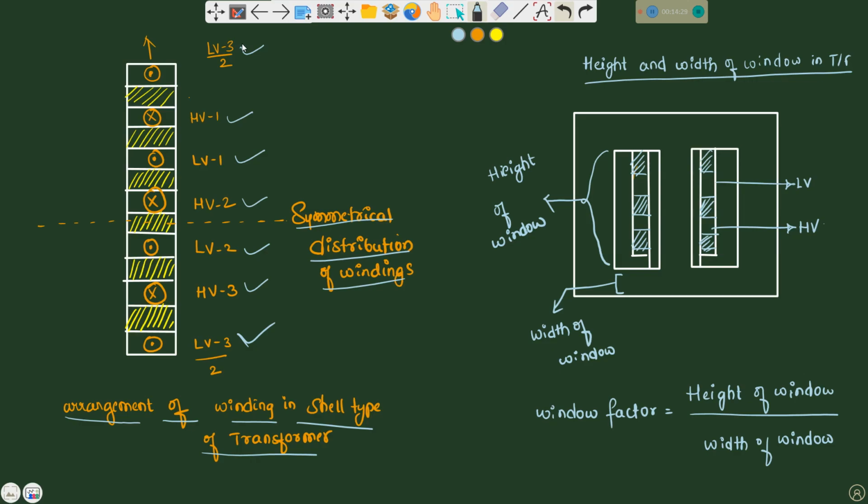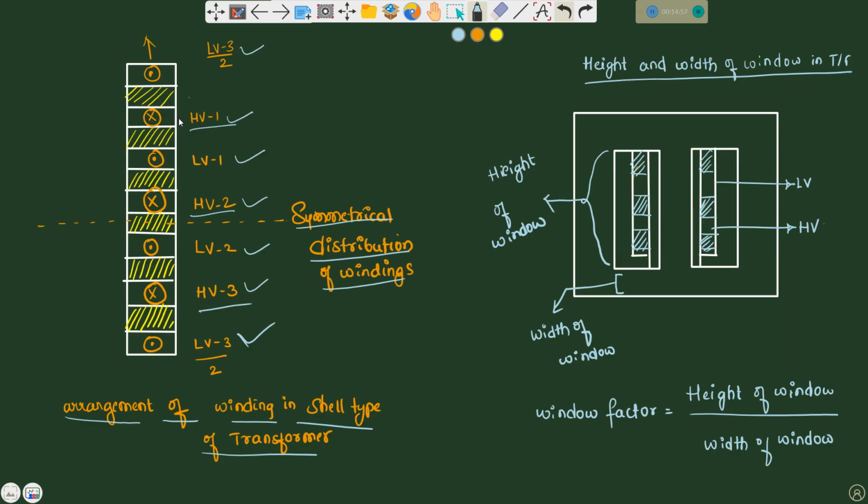Understood? So this is the arrangement of the sandwiched winding procedure with 3 sections of LV, LV1, LV2 and LV3, and 3 sections of HV, HV1, HV2, HV3 high voltage windings. The leakage flux depends on the magnetic potential difference across each section of the winding.